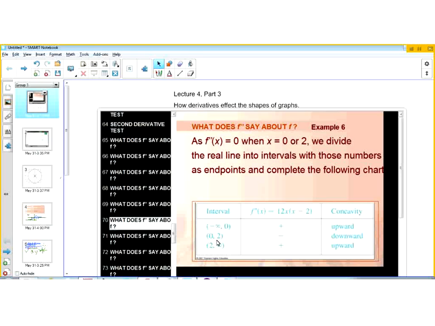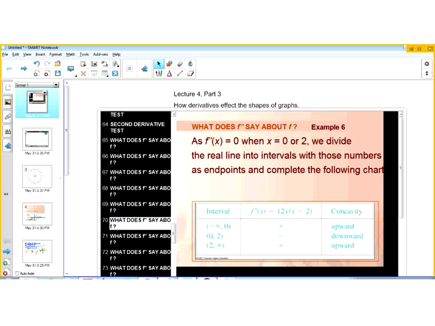So clearly there's a change in concavity at x equals 0 and at x equals 2. So x equals 0 is an inflection point, and x equals 2 has to be an inflection point, because that's where the table of signs says it changes concavity.